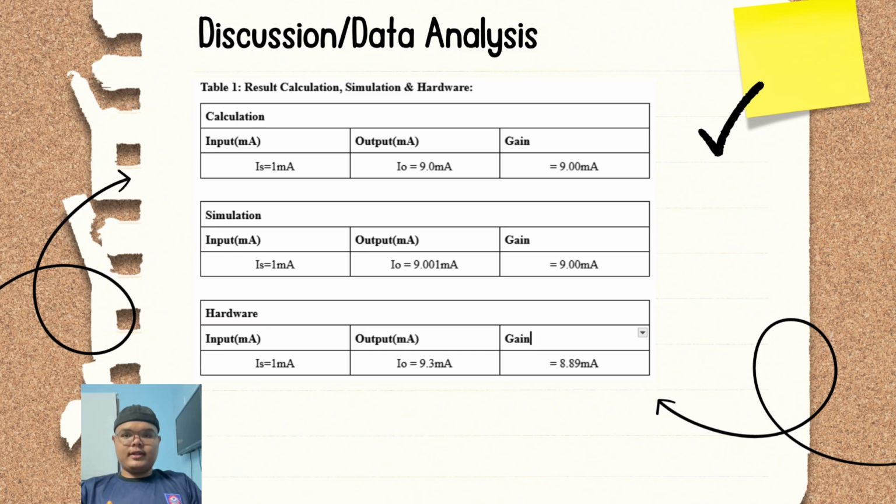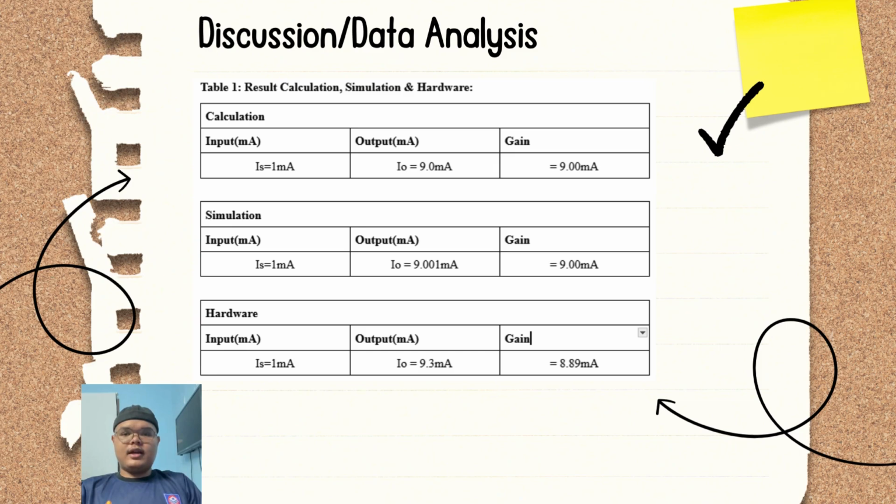In hardware testing, the multimeter showed an output current of 9.3 milliamp, slightly higher than the simulation result due to resistor tolerance and the actual power of the 9 volt battery measured at 9.7 volt. Despite minor differences, the results validate the circuit's functionality, demonstrating the accurate closed-loop gain and current flow of the inverting amplifier.